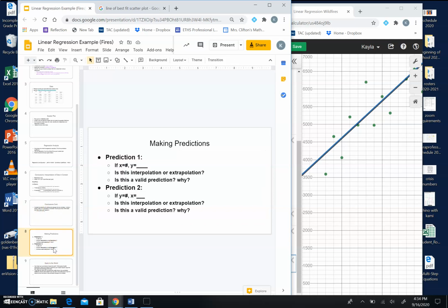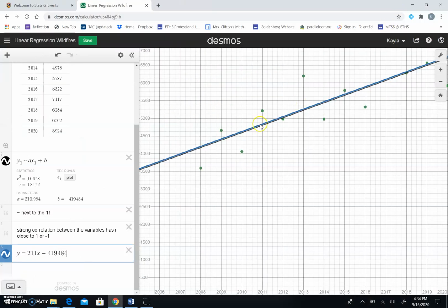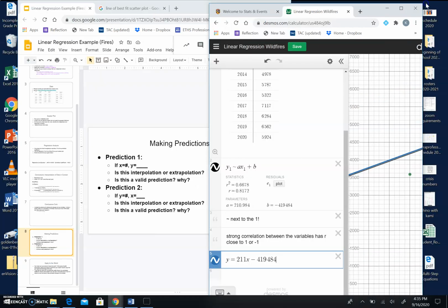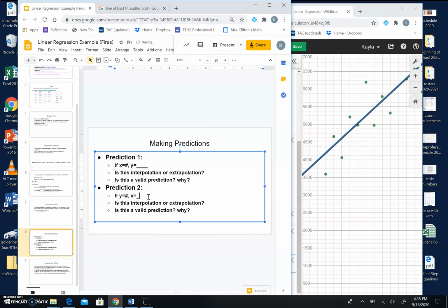There's also a section where you're going to use that equation to make some predictions. And for your predictions, you're trying to find a point using your equation. So I had very specific data, right? But using my line of best fit, I can make some predictions. I can say, okay, if x is blank, I can make a prediction for what will happen in the year 2025, right? That is going to be called an extrapolation.